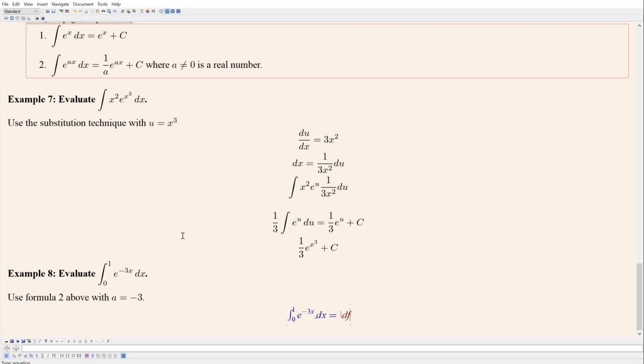So 1 over negative 3. 1 over negative 3 is the same as negative 1/3, so I'd rather write it that way. e to the minus 3x. So, easy.